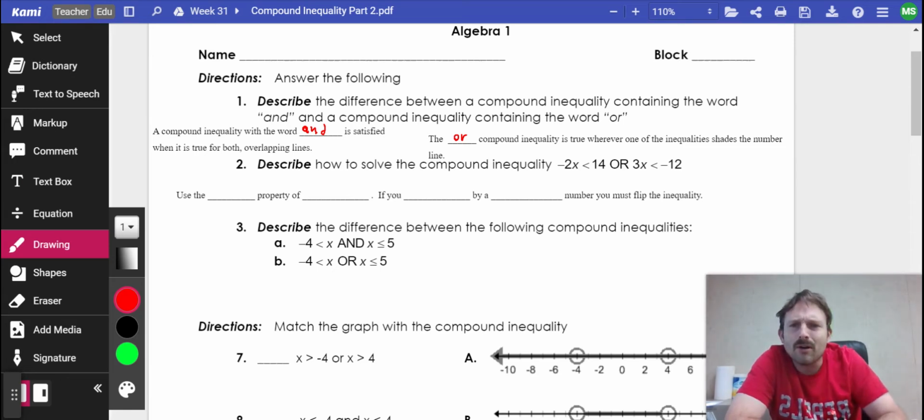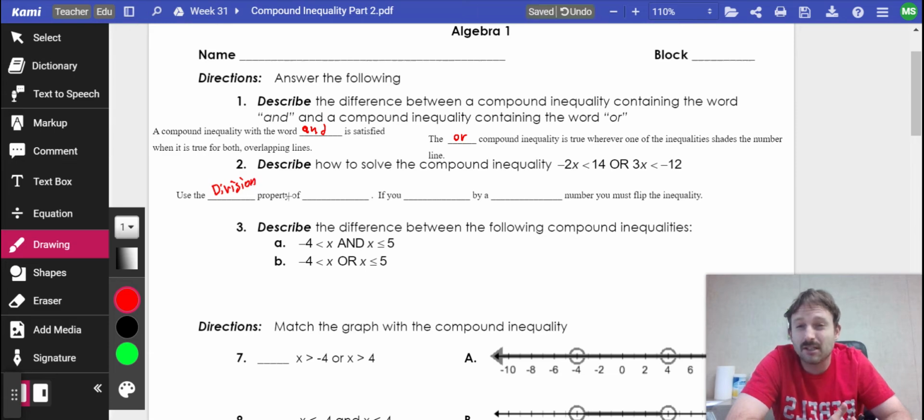Remember, if it's multiplying, we're going to use division. The opposite of multiplication is division. So this is the big old hint for you. If there's a multiplication problem there, you're going to use the division property of equality.